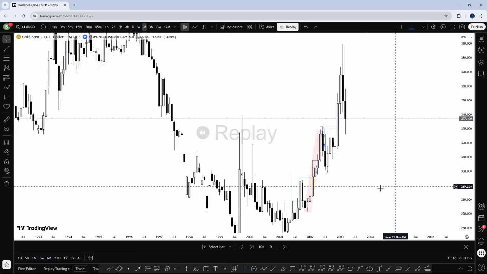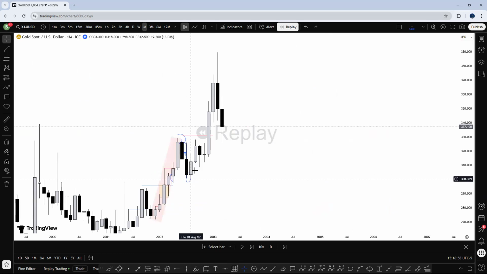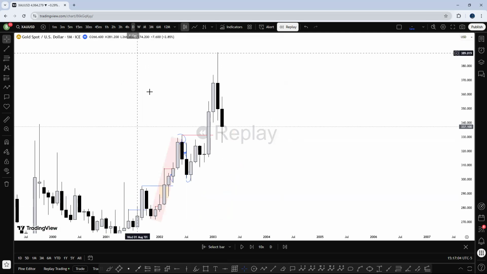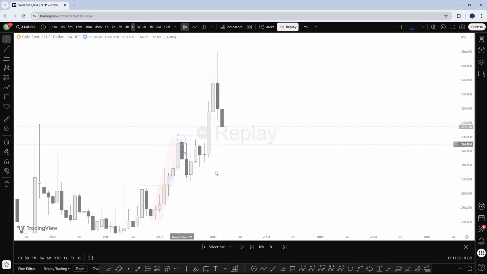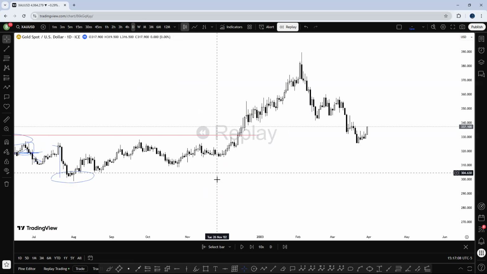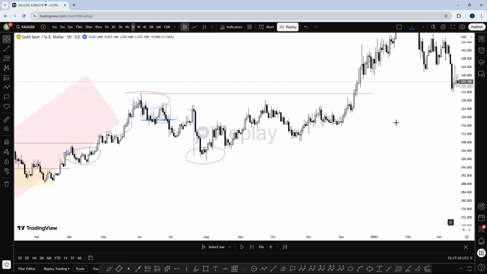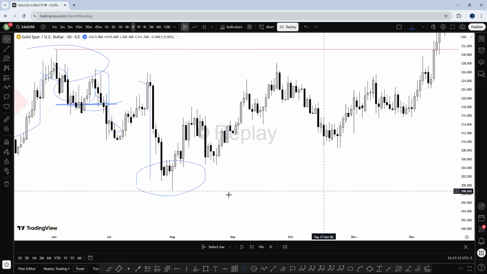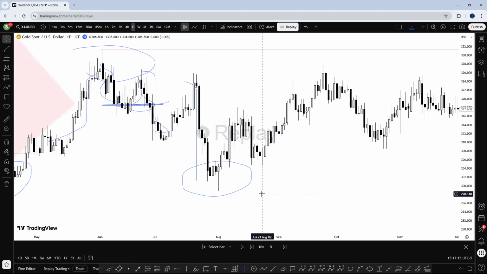If you identify your POI and you want to see a change, please go from monthly to daily. Go to daily, and then check that purge that took place.